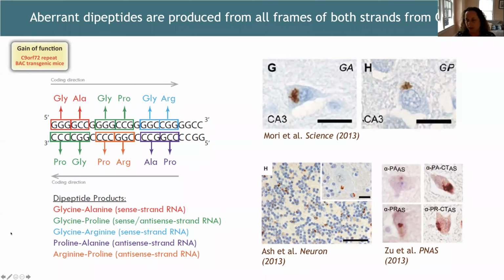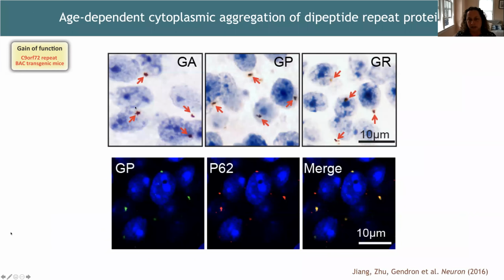And several groups have shown that indeed these dipeptide repeat proteins accumulate in patients. And there is a wealth of studies now showing that these dipeptide repeat proteins have a toxic effect, some more than others. And so these transgenic mice accumulate the dipeptide repeat proteins.